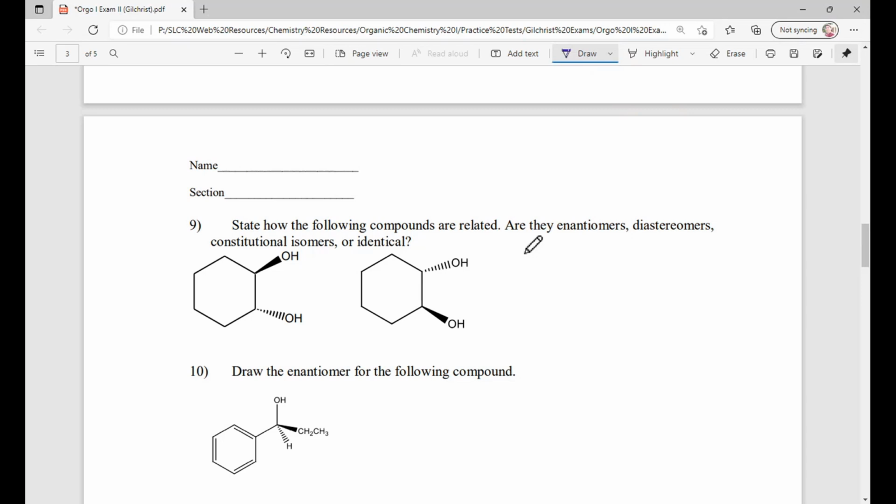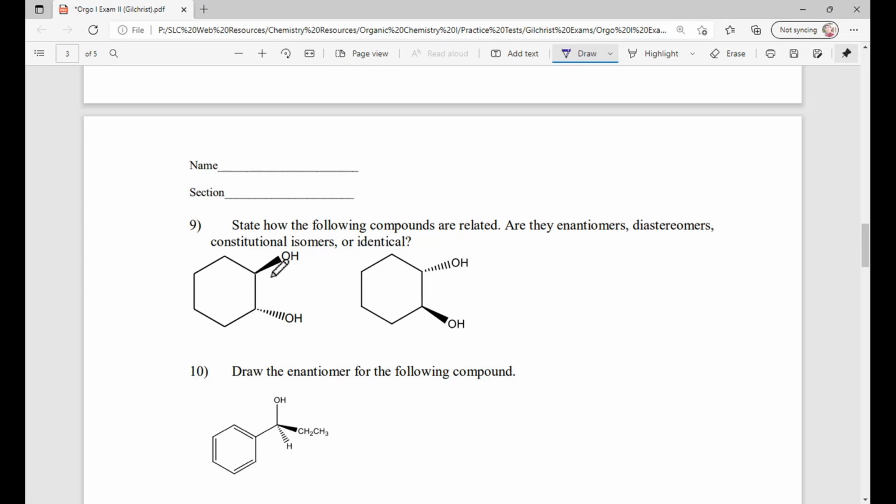Any ideas? Can you just find the chirality centers for them and see if they're opposite, and if they're opposite, then they're enantiomers? Absolutely, you can definitely do that.